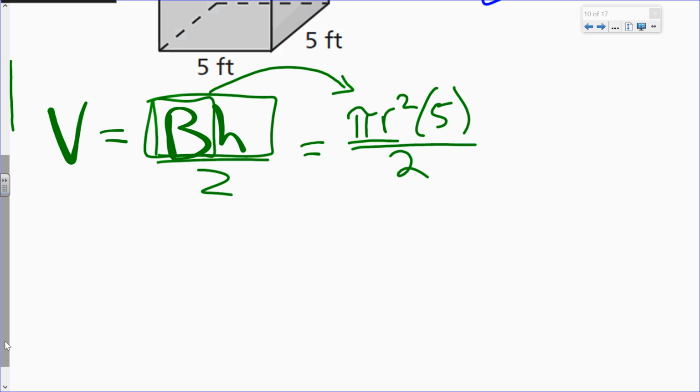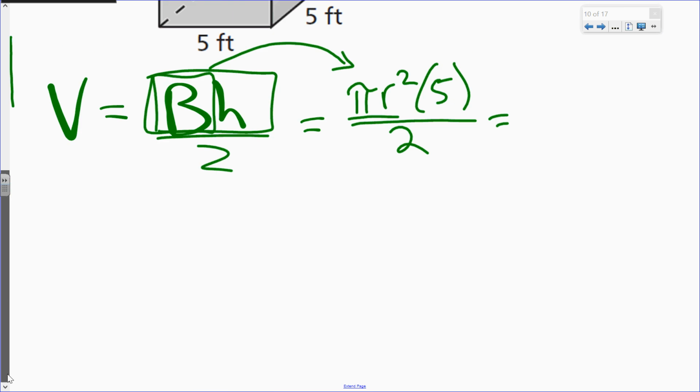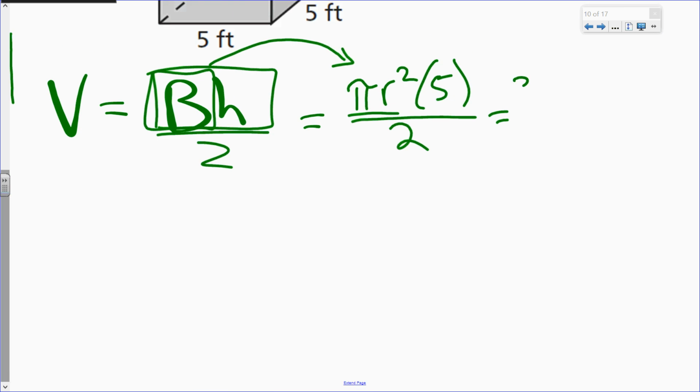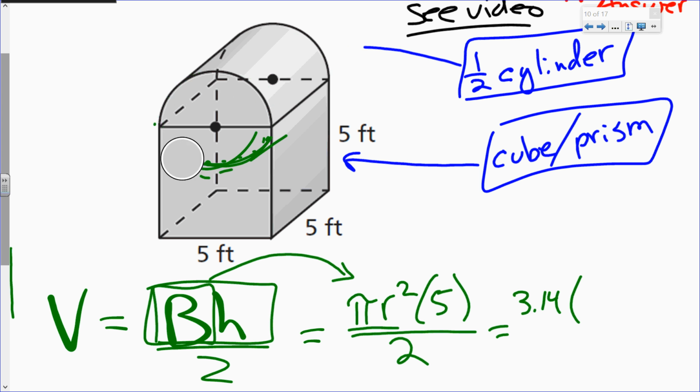Let's do it. I'll replace pi. So I want approximate answers, right? So I'm going to replace pi with 3.14. Radius is, what would be the radius of that circle? One more time, Mathilda.